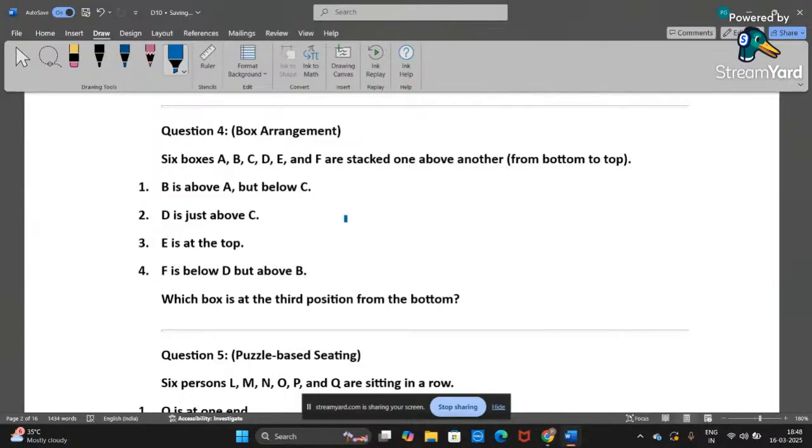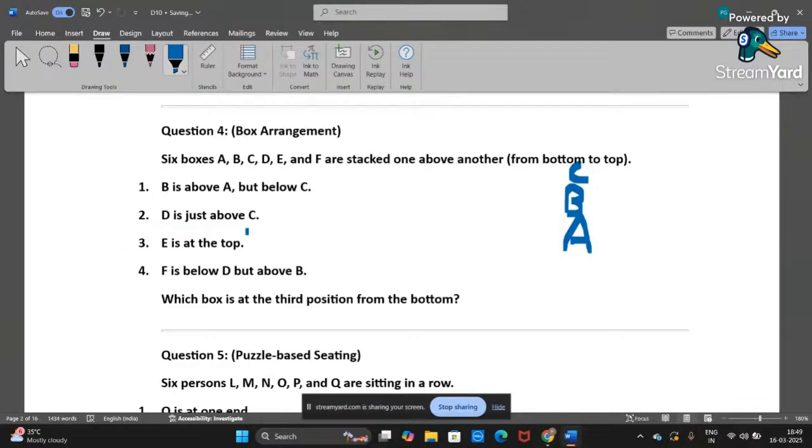Six boxes A, B, C, D, E, F are stacked one above another from bottom to top. B is above A but below C. That means here, right?